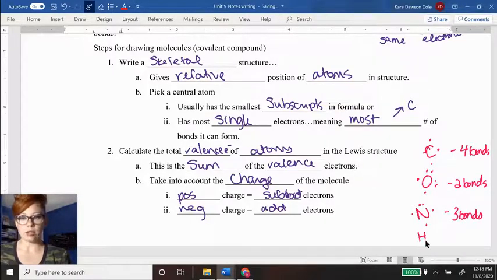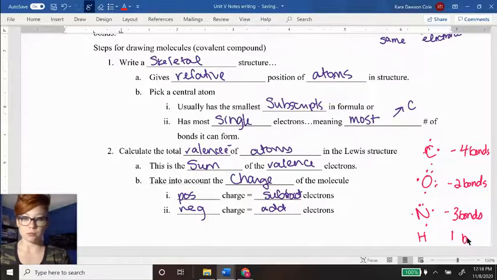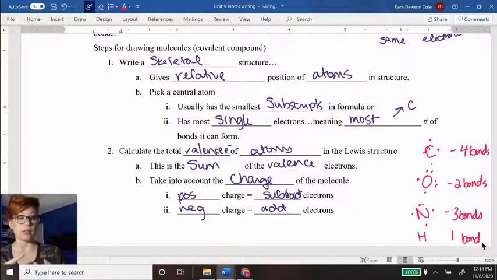And any halogen, so chlorine, bromine, iodine, or fluorine, can form 1 bond, usually, unless it's the central atom. Sometimes, as in the case of polyatomic ions, chlorine, bromine, and iodine, those are the 3 that can do this. Fluorine is only 1.